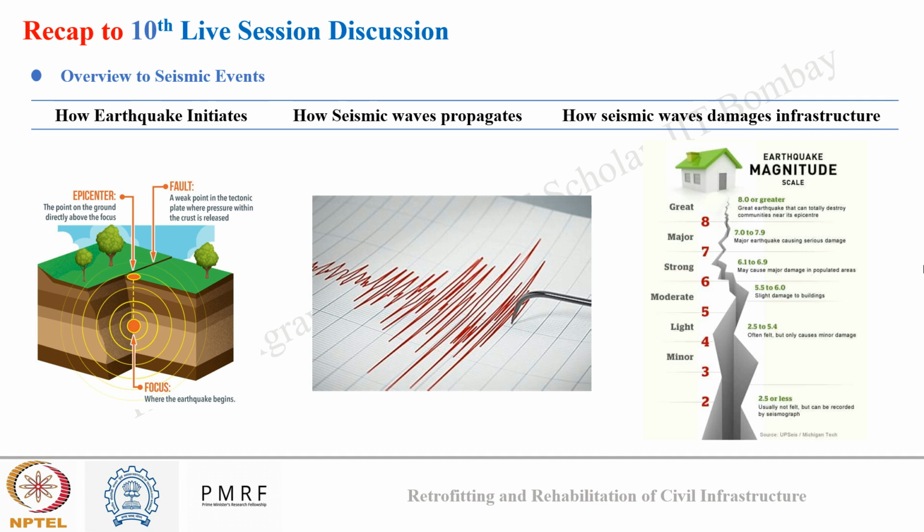Okay, we saw how waves propagate. For this, we saw the seismogram, and we talked about the Richter scale for how to define the intensity of an earthquake. So we generally say that if the magnitude of an earthquake as per the Richter scale is below 5, it is not a very worrying situation. However, above 5, there can be critical damage to the infrastructure.